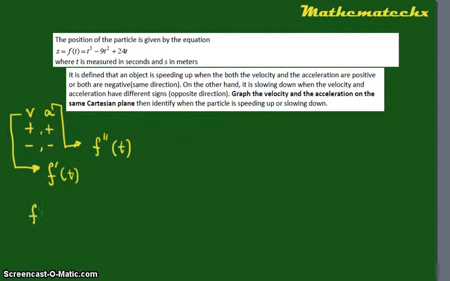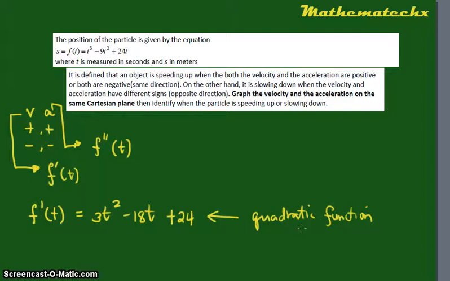Let's first find the first derivative. From t cubed minus 9t squared plus 24t, this is 3t squared minus 18t plus 24, which is a quadratic function.